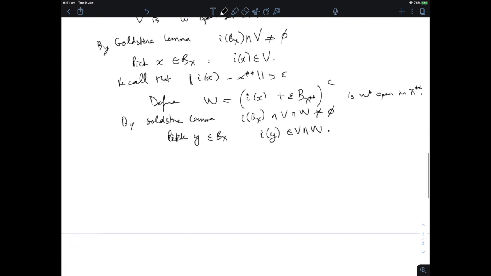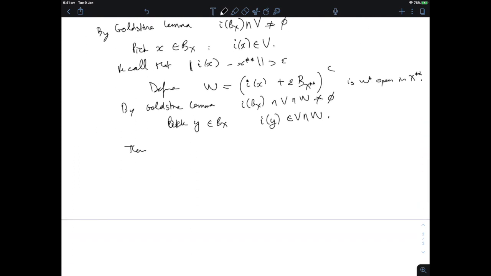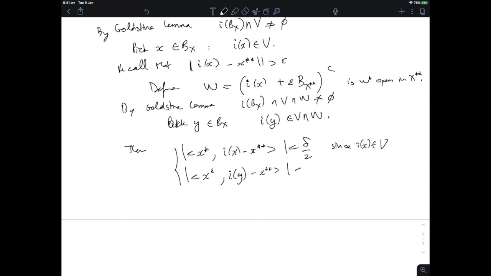Now let's put all of these things together. What do we get? Well, we get that x double star minus x star tested against I of x is smaller than delta over 2. That's because I of x is in V. Now, in the meantime, we have that x double star minus x star tested against I of y is also smaller than delta over 2 because I of y is in V. But on the third hand, what have I got here?